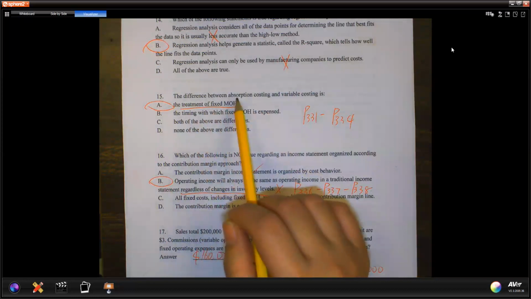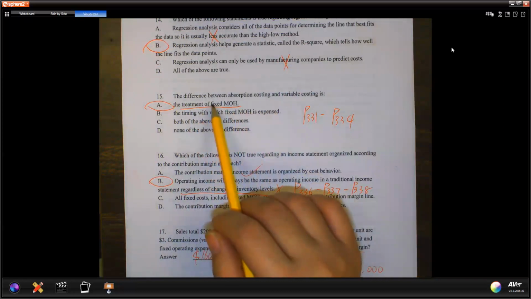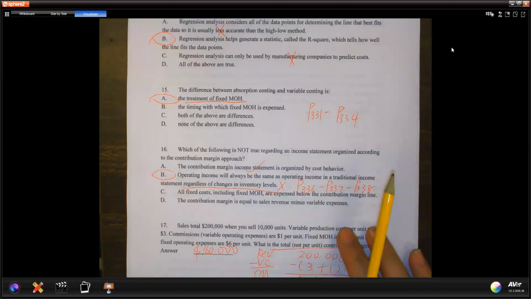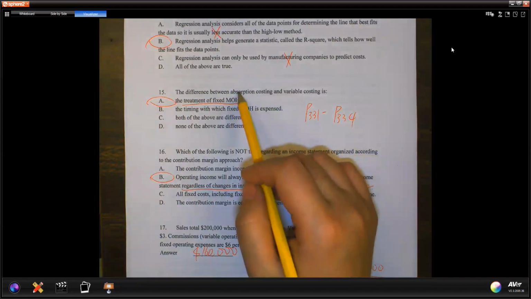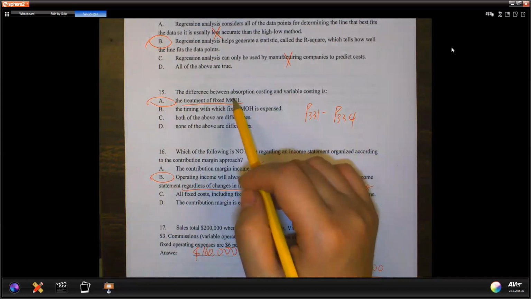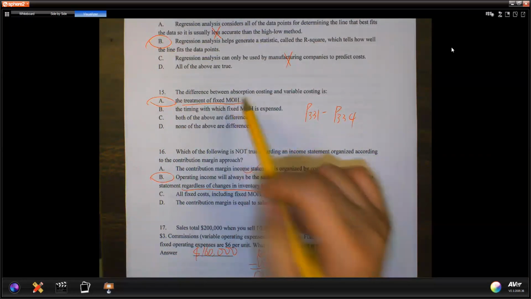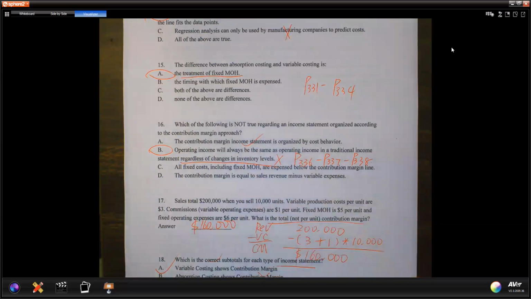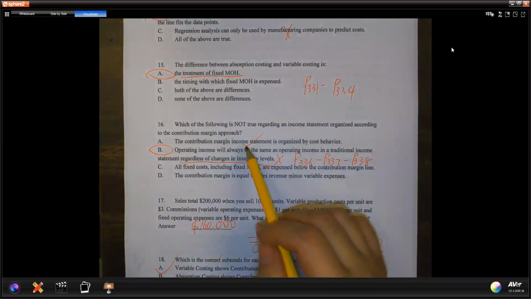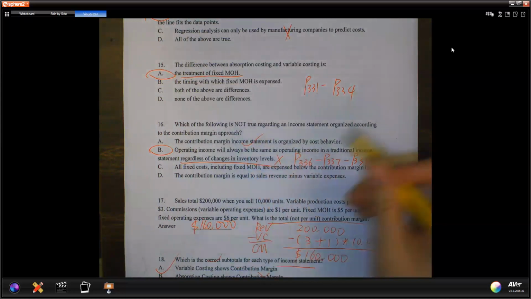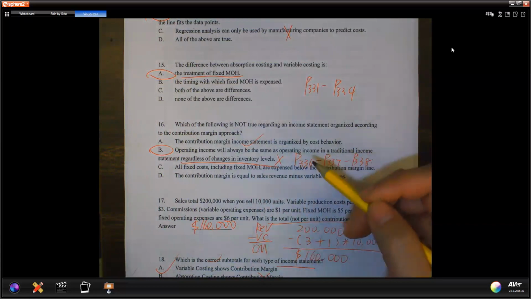The difference between absorption costing and variable costing is how we treat the fixed manufacturing overhead. Under absorption costing, we put it as part of your product cost. Under variable costing, it is part of your period cost. Which is true? We said contribution margin is organized, which is not true. It's organized by cost behavior, variable cost and then fixed cost.